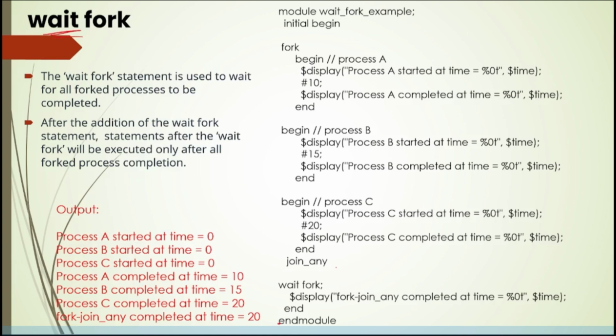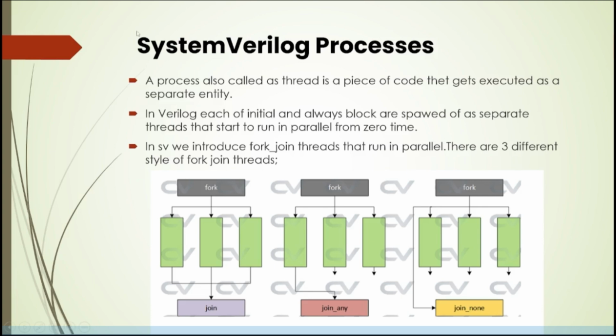Now there is one more concept in fork join, which is wait fork. Basically, as I told you, in fork join any, if any one of the threads is done, the simulator comes out of that fork join any, and the remaining code outside is executed.